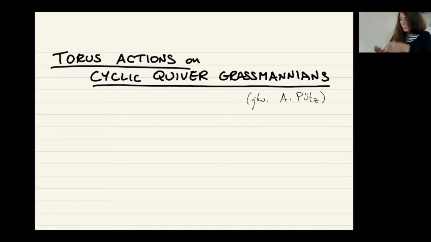Okay, so let me start with torus actions on algebraic varieties.